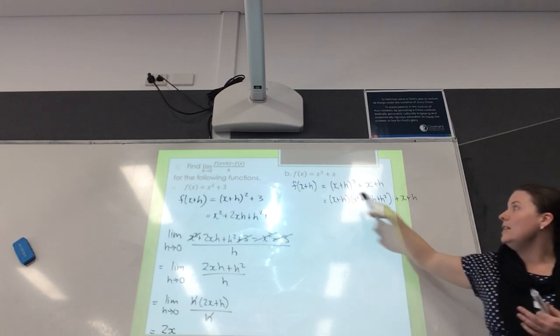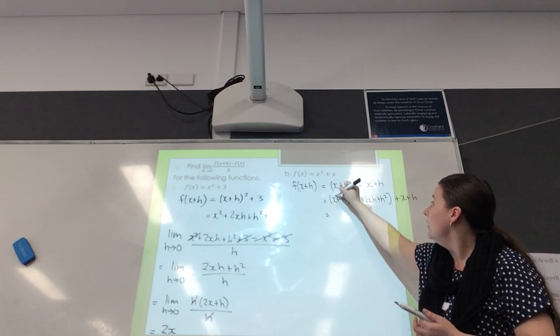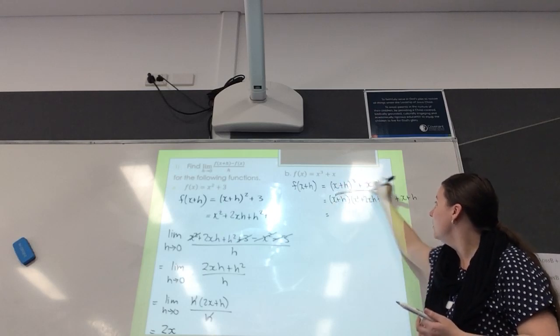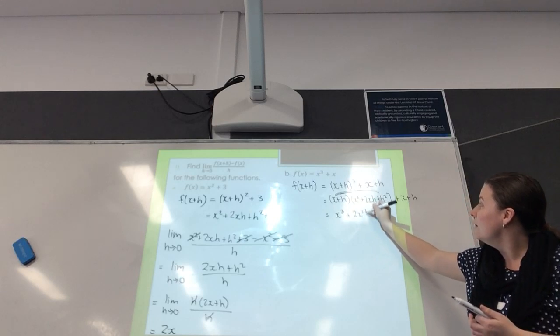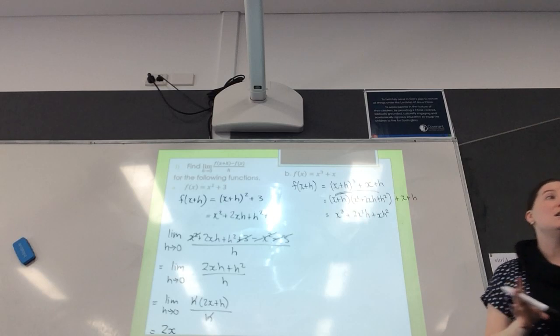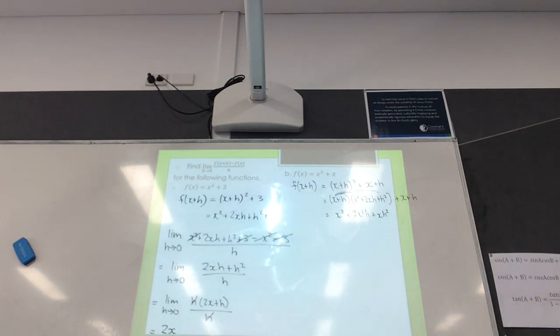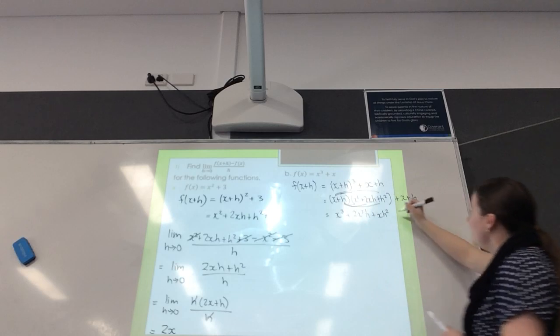So this is x plus h, this is x plus h all squared. So now I'm going to carry that x through. You can see there's quite a lot of work involved in this, so our quicker method is much quicker, but we'll get there.